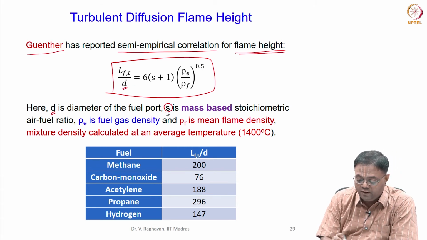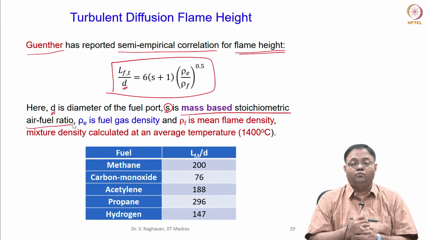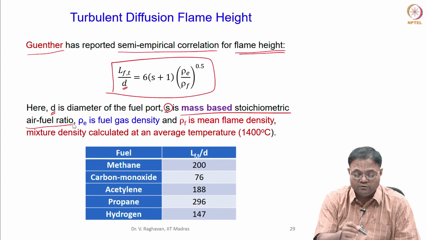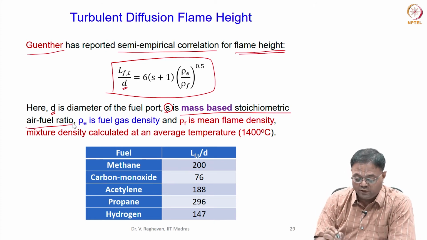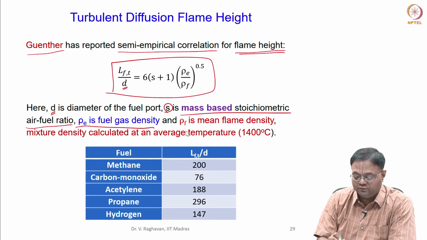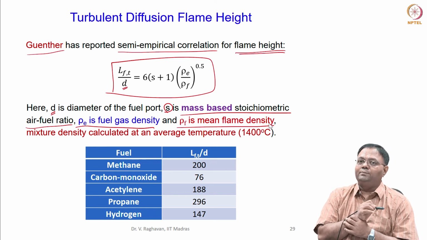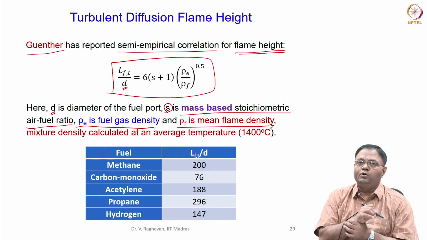Then S is the mass based stoichiometric air fuel ratio. Please understand that in the Roper correlation it was molar based, and in the Günther correlation it is mass based, so you have to keep the difference in mind. And rho E is the fuel gas density, rho F is the mean flame density. There the fuel temperature was used, oxidizer and fuel temperature.